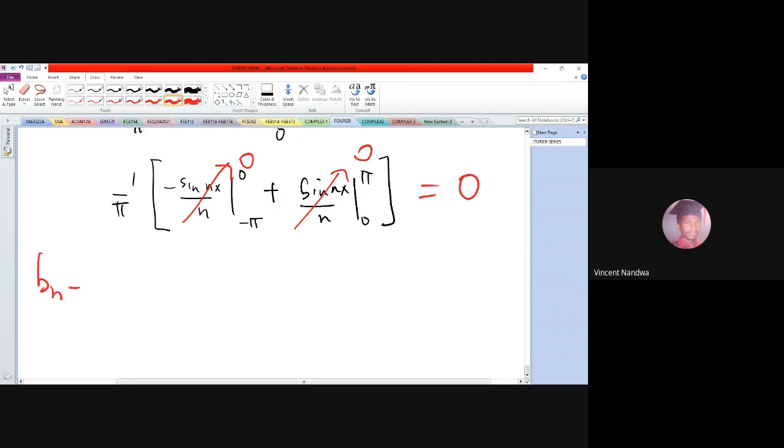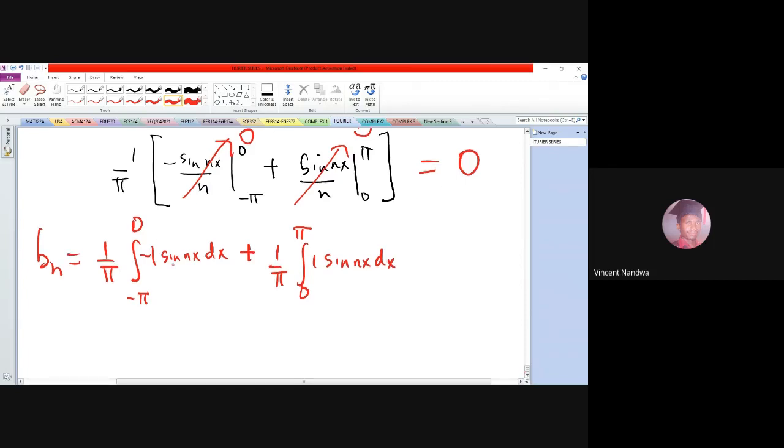And then bn will be 1 over pi times the integral from minus pi to 0 of minus 1 times sine nx dx, and then plus 1 over pi times the integral from 0 to pi of 1 times sine nx dx. Similarly, we do the integration here.